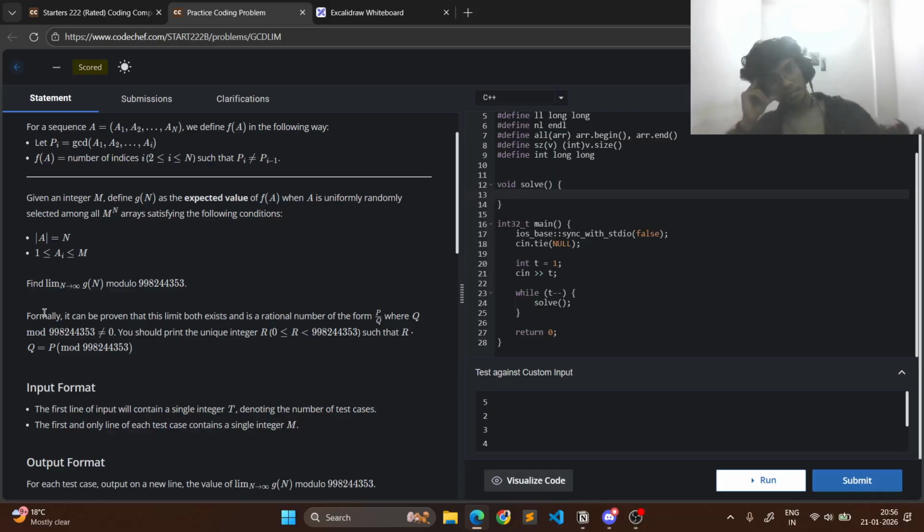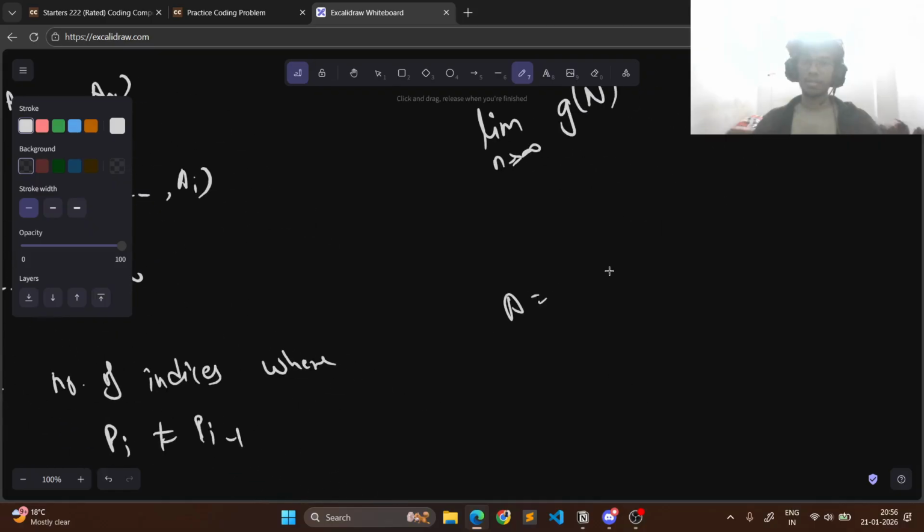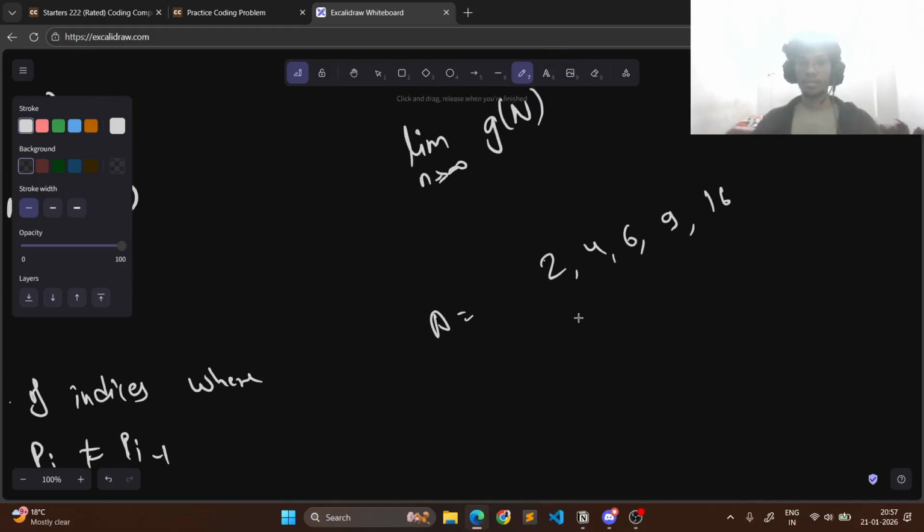Given an integer m, define g of n as the expected value of f of A. So what is the expected value? Number of indices. So let's say my array A was like 2, 4, 6, and then 9 or maybe 16. So P of I would be GCD: 2, 2, 2, and GCD up to here is 1, and this is 1 again.